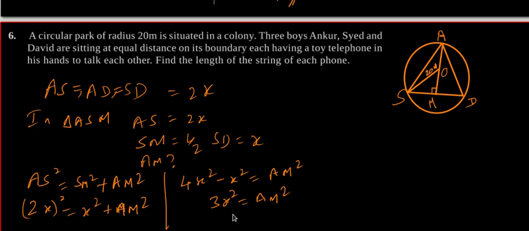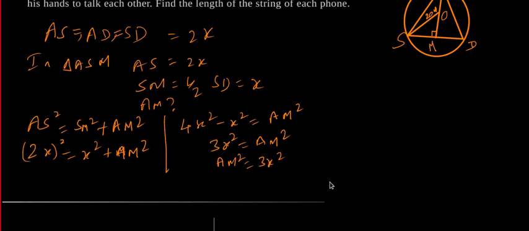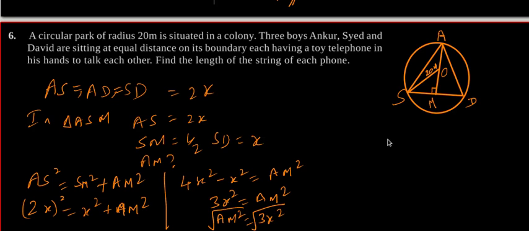Taking the square root on both sides, AM equals root 3 x.